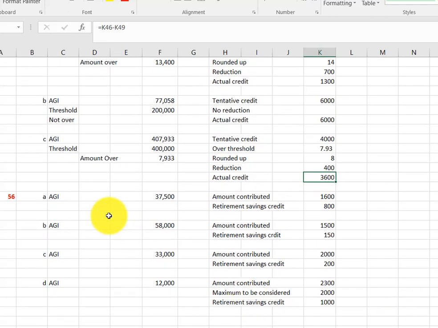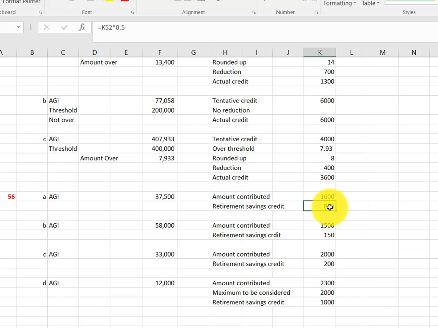And then the last one is the retirement savings credit. AGI of $37,500 for a married couple. They contribute $1,600. They get 50% of that as a retirement tax credit. Note something, the amount contributed reduces our AGI, and we get a credit to reduce our tax liability.